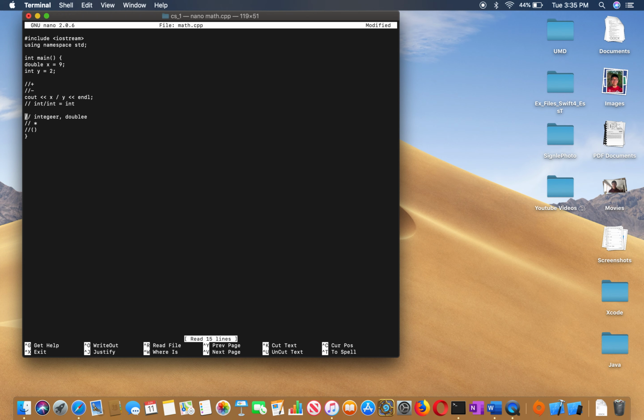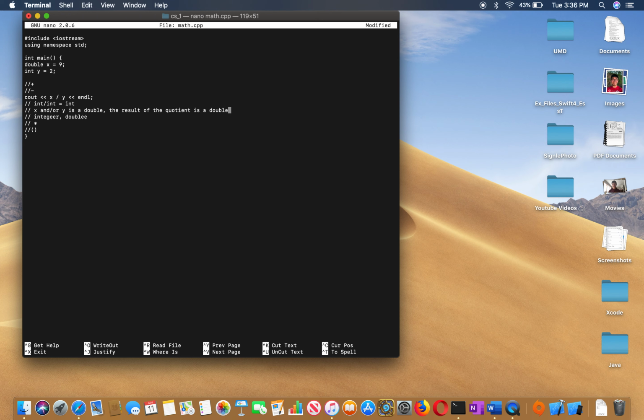So, in the case where x and or y is a double, the result of the quotient, I apologize if I spelled the word quotient wrong.